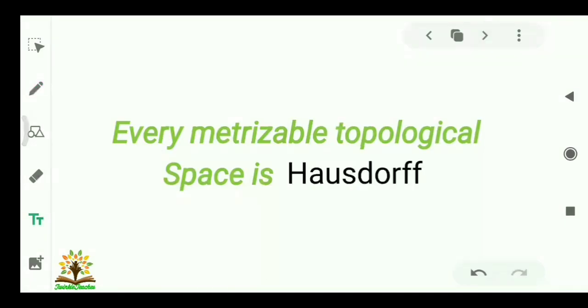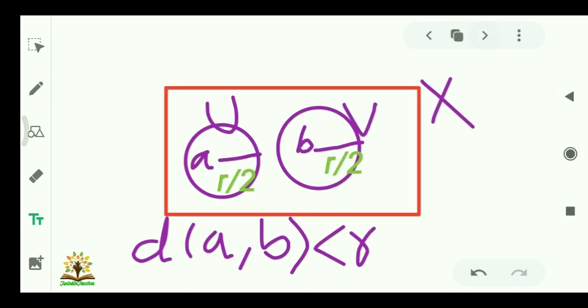The next example says that every metrizable topological space is Hausdorff. What is a metrizable topological space? I have discussed it in my previous video and the link is available in the description box.